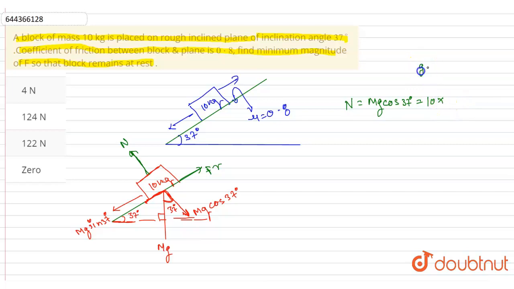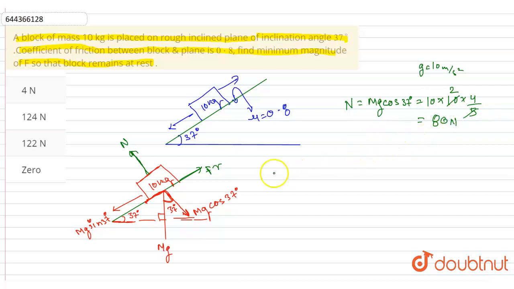Let's say g is equal to 10 meter per second square. So 10 into 10 into cos 37 is equal to 4 by 5. So it is equal to 80 Newton.